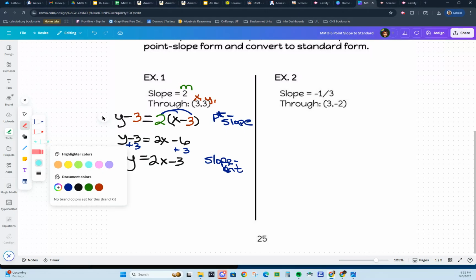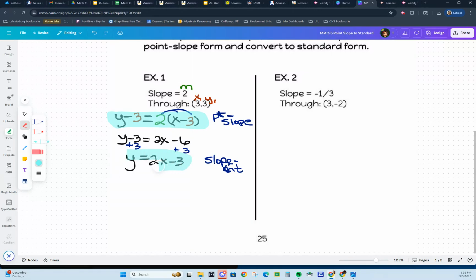Before I go too much further, I'm going to highlight this as our point slope. This is our slope-intercept. Those are the two important forms that we're doing.